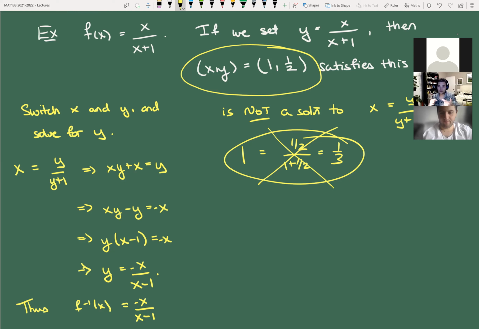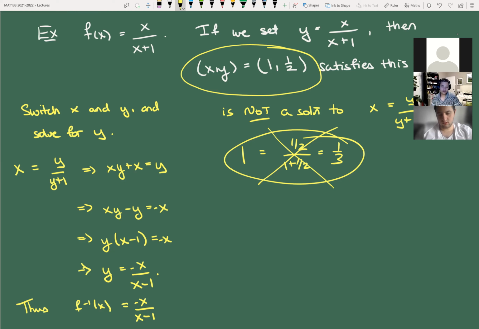Because the inverse function flips those two things, the output becomes the input and vice versa, it makes sense to flip x and y. But you've changed the meaning of x and y, because the input variable for f is the output variable for f inverse. Nonetheless, you can see that this is what the inverse function is doing: interchanging the role of the input and the output for f.